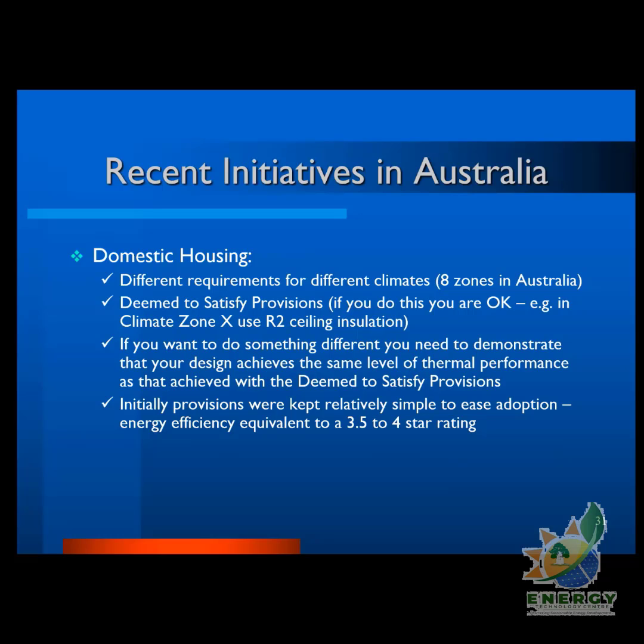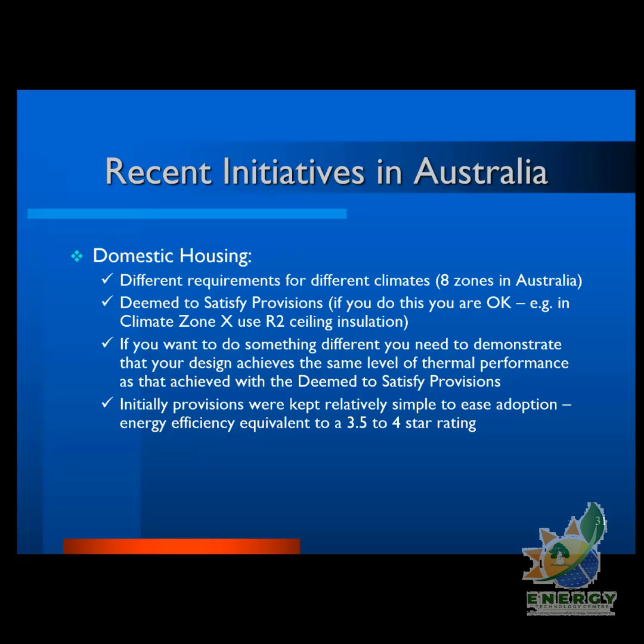And they have different requirements for different climatic zones. So we have 8 zones in Australia, and there is a deemed to satisfy provision. If you do not go by this zone requirement, in terms of what to be used in terms of R values and so on, then you may want to demonstrate that the material you are using will be able to provide the needed requirement in terms of energy use and energy consumption.